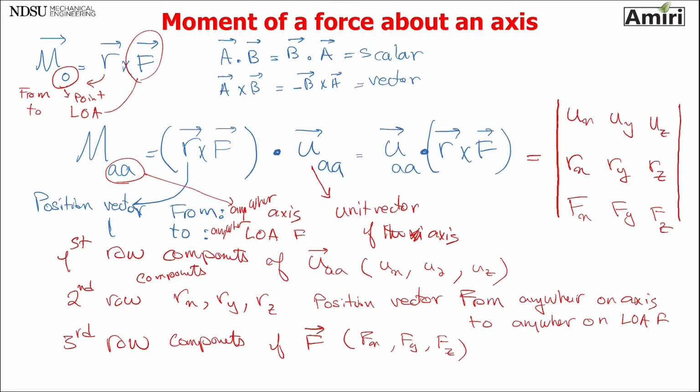Now look, in this determinant, do you see any i, j, k anywhere? I don't. These are all going to be components, all scalar numbers. So you're multiplying a bunch of scalar numbers together, finding the determinant of a matrix, which is going to be a scalar.